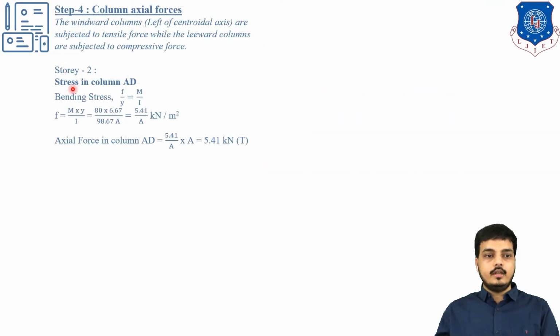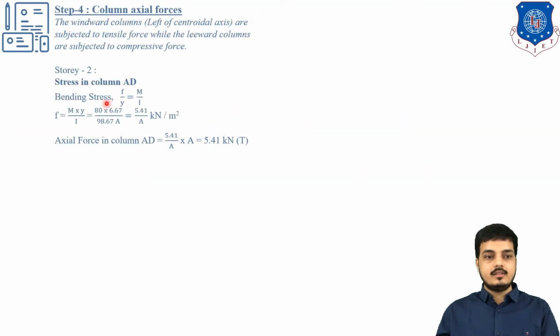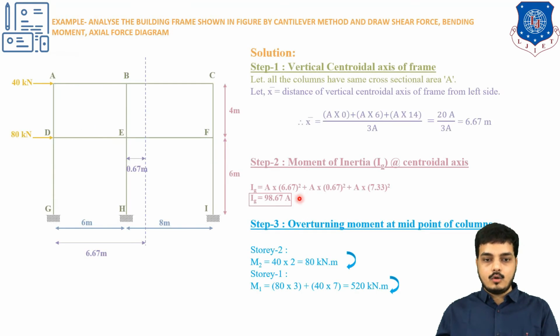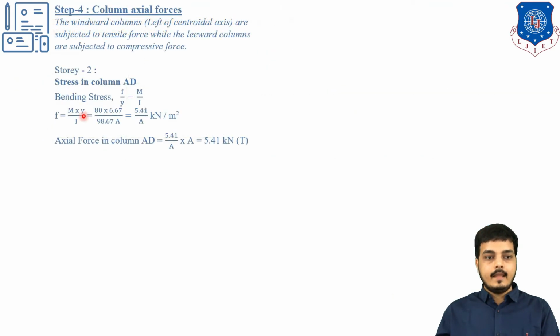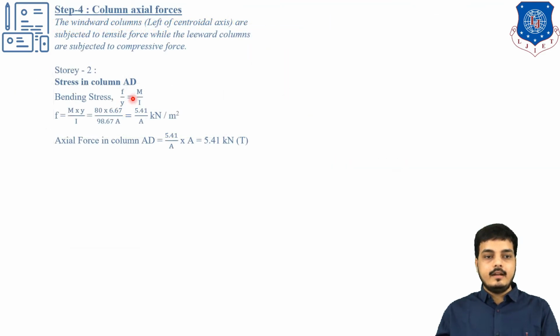In story 2, we need to find the stress in column AD. So this is my column AD. I am taking the bending stress formula F by Y equals M by I, so F equals M into Y upon I. We have already found M for story 2 as 80 kilonewton meter. The remaining value is the Y distance.